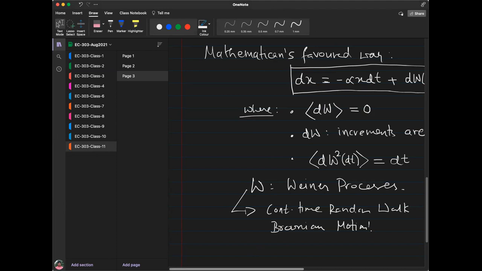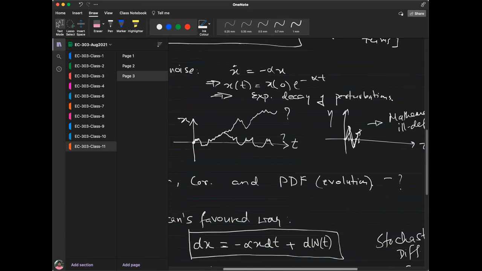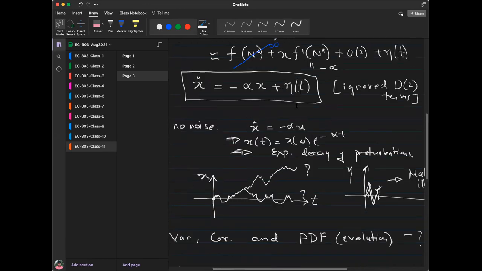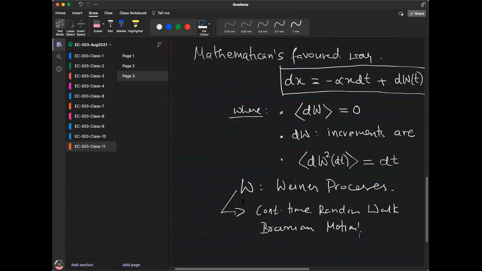So the connection is that the increment in the Brownian motion is this eta t, and the actual spatial location of the animal is the W. So increments are all dW or eta t, and W itself is the actual animal location. That's one way to map what you have done. Okay, cool. So I'll stop here.